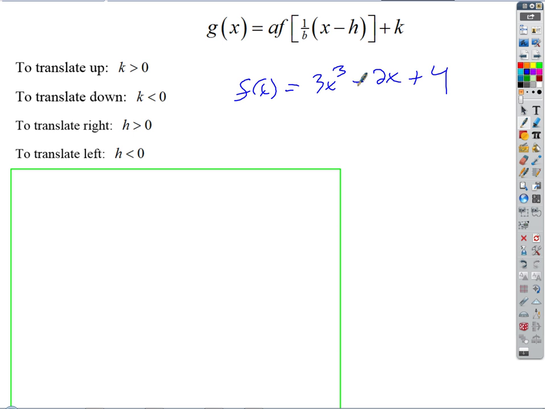If we want to translate this thing left by 7, what should the value of h be? Negative 7. So every place I had an x, I'm now going to have an x plus 7. You see what I'm saying? That translates it left.